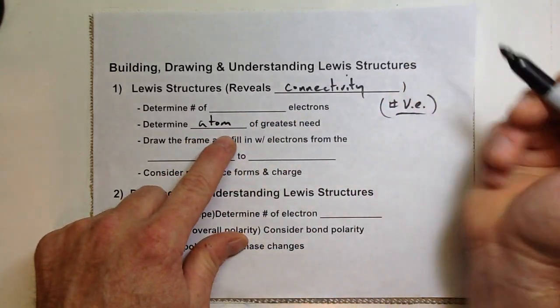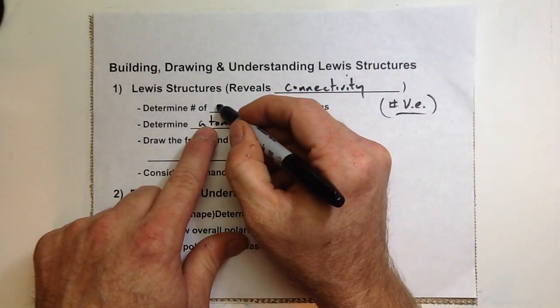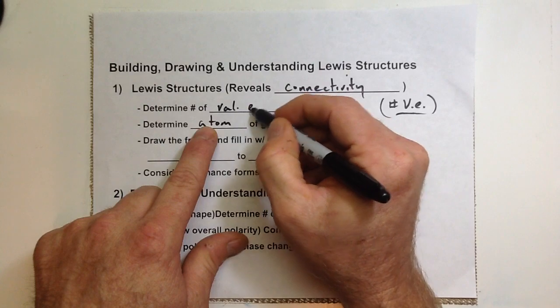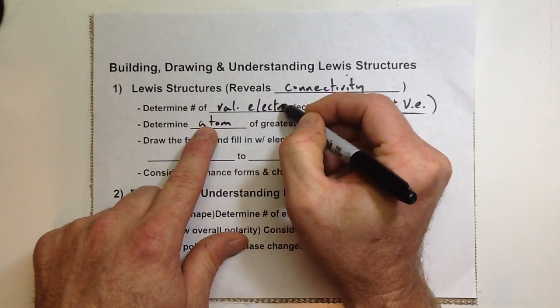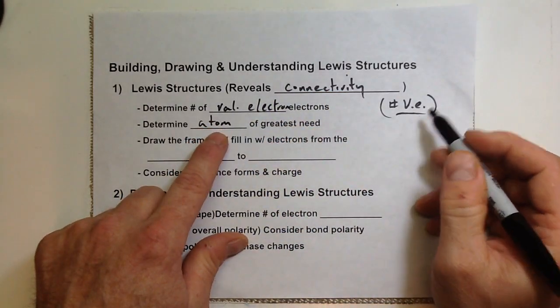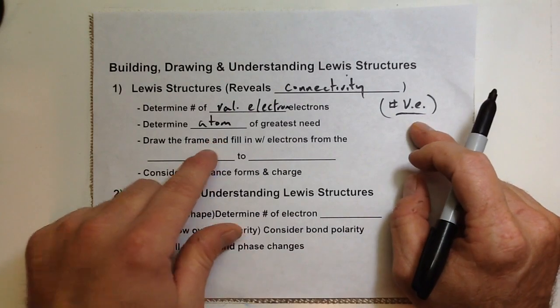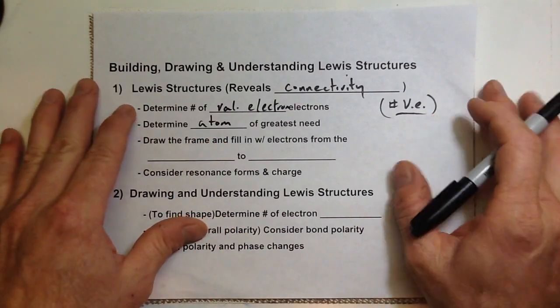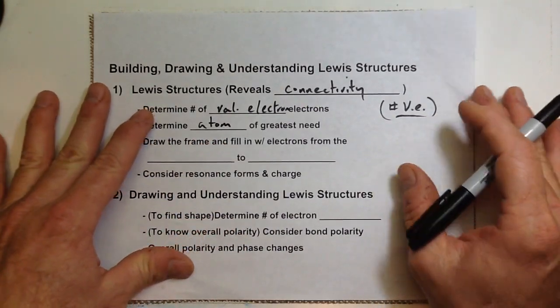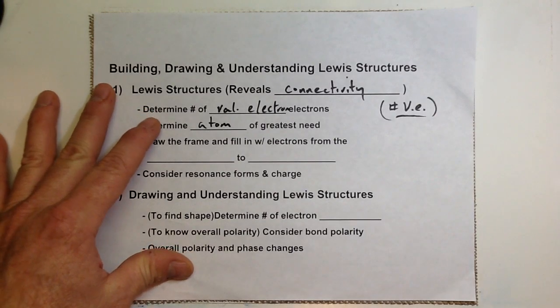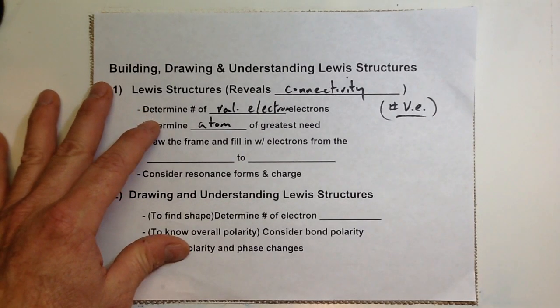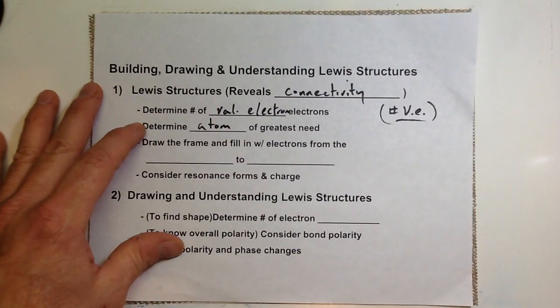I put that back in here, determine number of valence electrons. This step will not be referred to after this slide, but before we start anything, we'll always need to determine the number of valence electrons for a Lewis structure. And I'll show you how we do that.